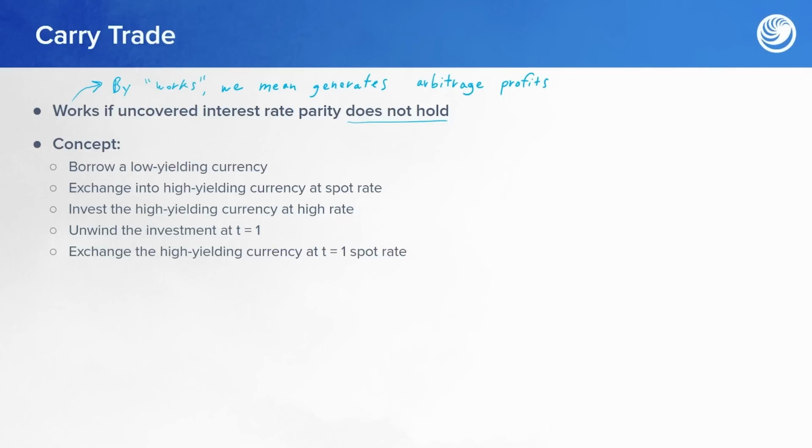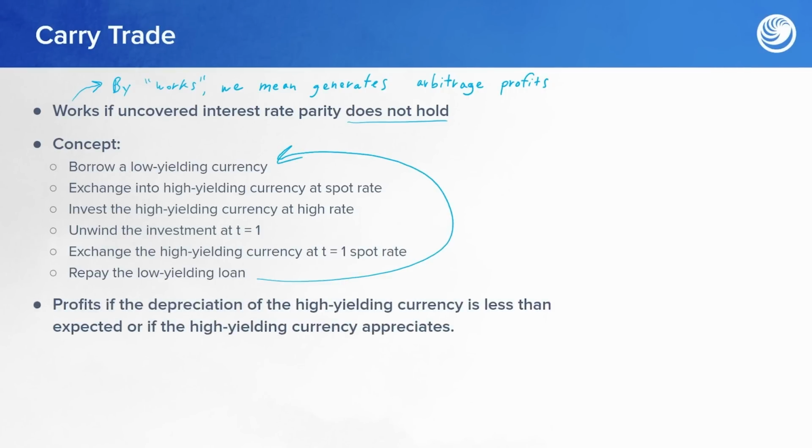We're now 1 year in the future, exchanging at that spot rate. And then we will repay the low yielding loan, the loan that we took out all the way at step 1. This strategy profits if the depreciation of the high yielding currency is less than expected, or if the high yielding currency actually ends up appreciating against the lower yielding currency.